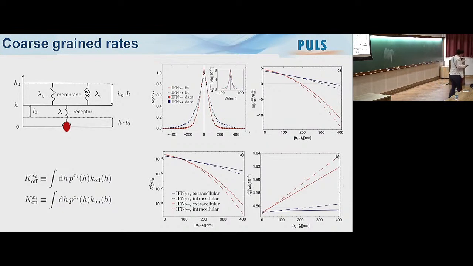Okay, what does this mean? I can look at now the binding affinity, K_on over K_off, logarithm. So I will see that if I am a non-activated cell, I will be able to form stable bonds up to 200 nanometers away. But if I'm an activated cell, I will double my catching range.